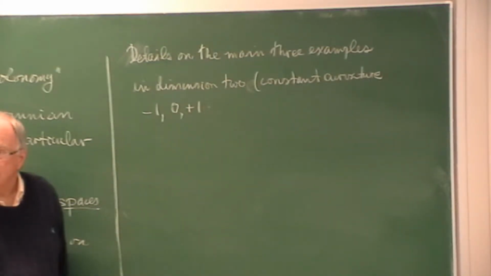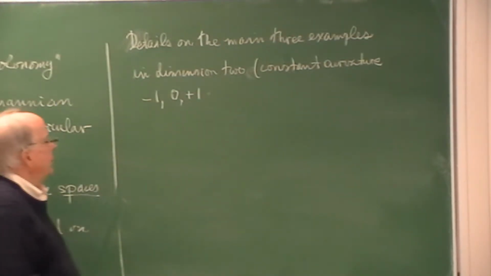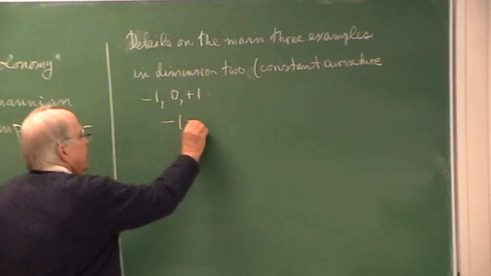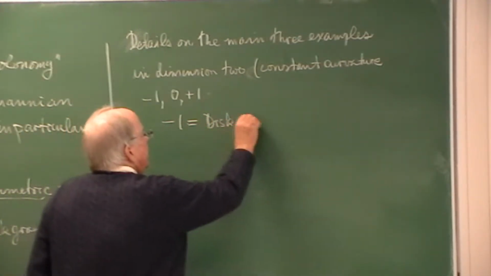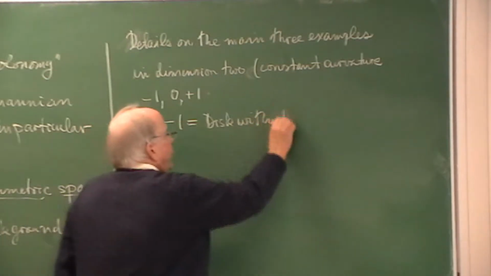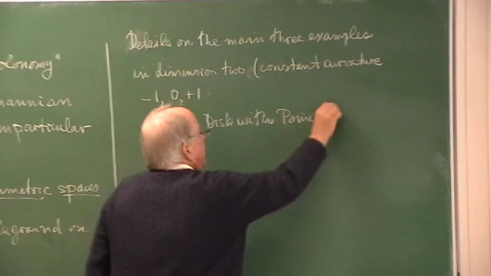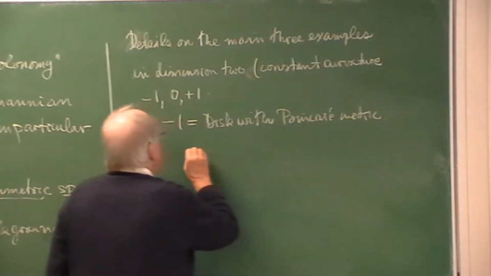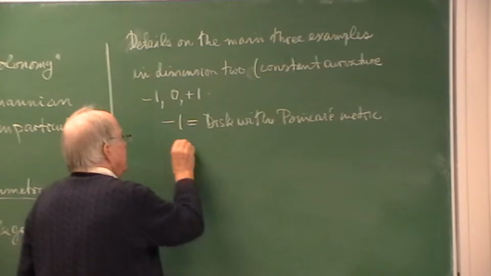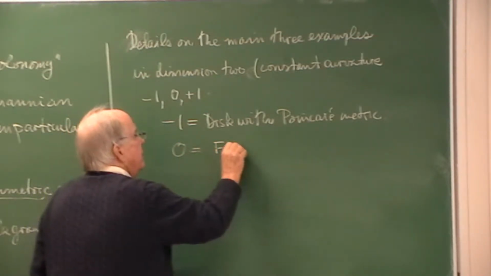Right? So these are the basic things, and -1 is the unit disk with what is normally called the Poincare metric. And 0 is just the flat plane.